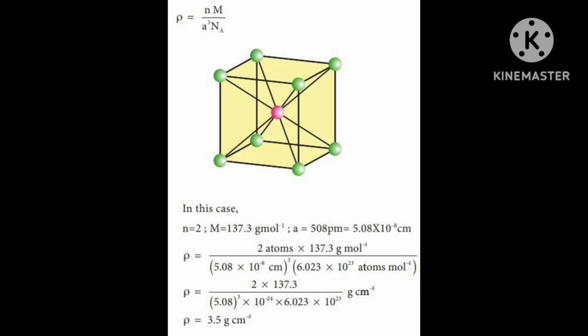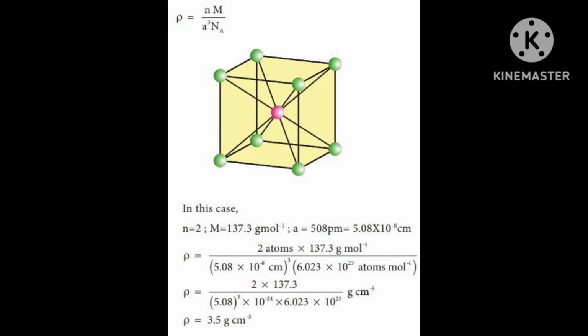Now how will you calculate the number of unit cells in the volume? Here the volume is 28.88, and what have you calculated already? The volume of one unit cell is 2.39 into 10 to the power minus 23 cc.